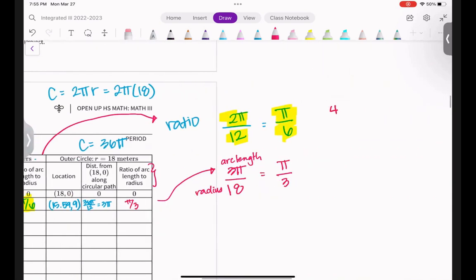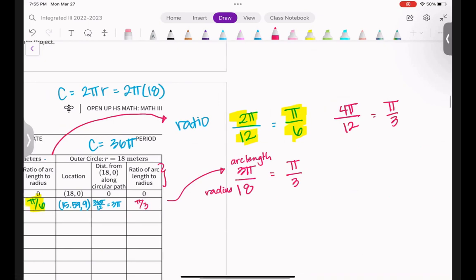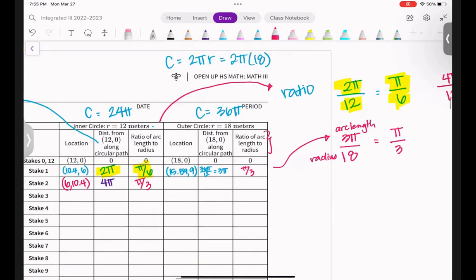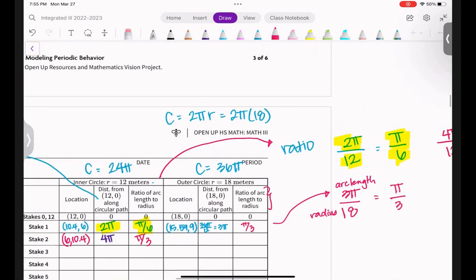This time it's going to be 4 pi divided by 12, which is pi over 3. Oh, that's cool, Miss Johnson, because look, that's pi over 3 right there. These two are both pi over 3. Pretty interesting, right? So you're going to notice some similarities there that we'll highlight every now and then.